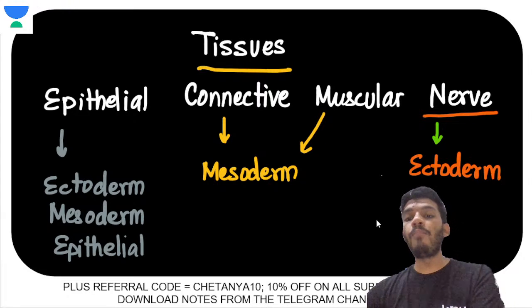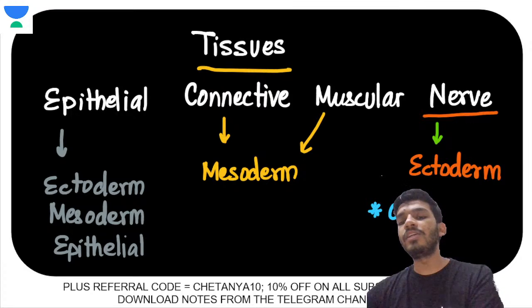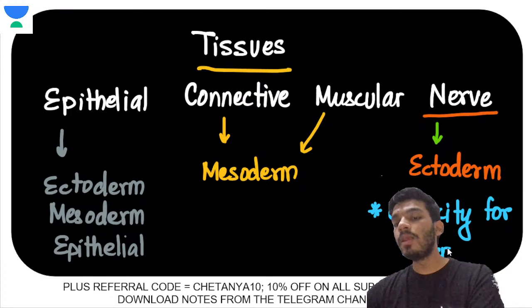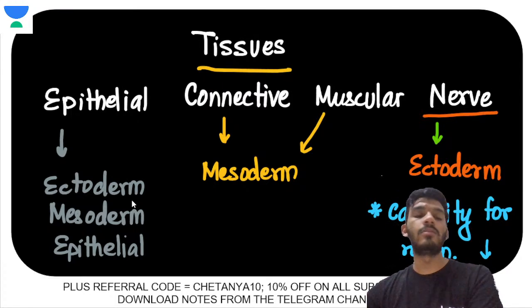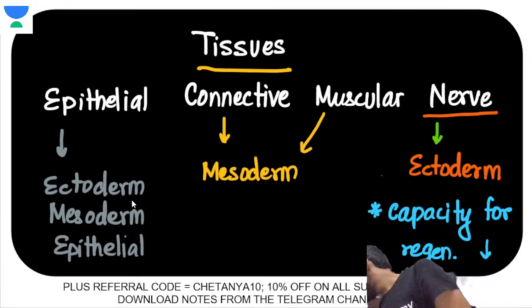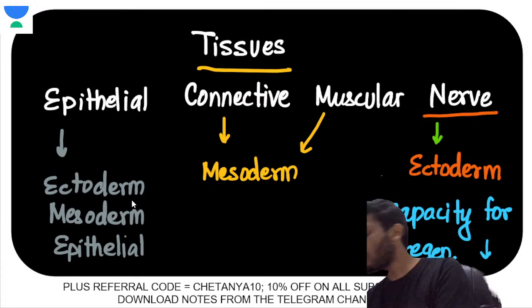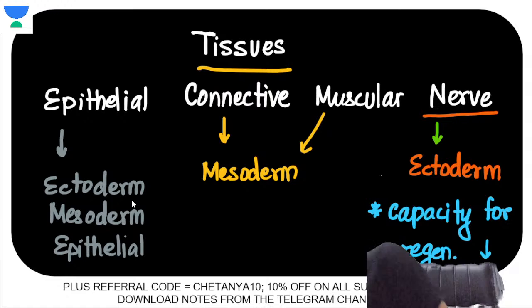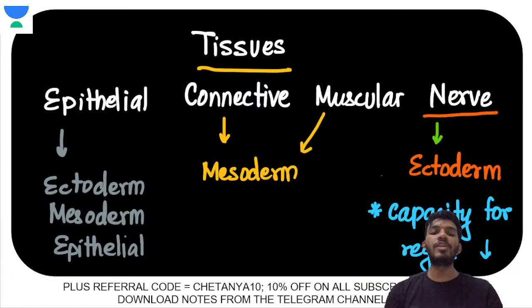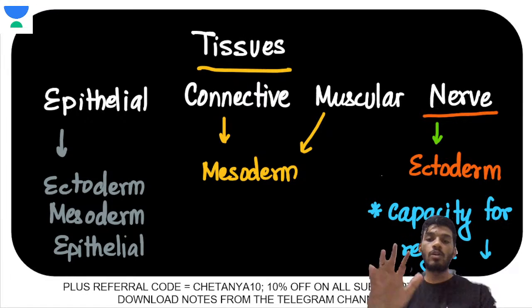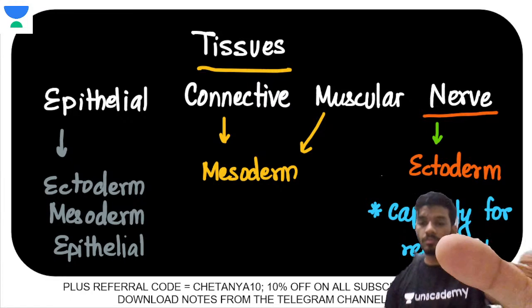Second thing is very important: nerve tissue does not have the capacity for regeneration. Almost the capacity for regeneration is zero. So that is another point that I am highlighting before we begin with nervous tissue. This is the point you need to understand about the overall classification of tissues, what all we have done, and what all is left to do.